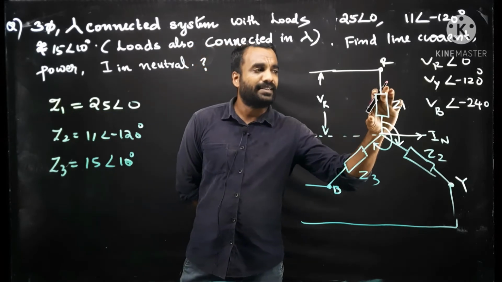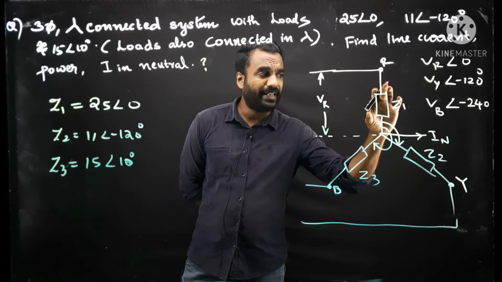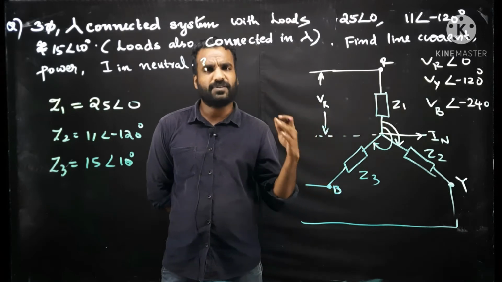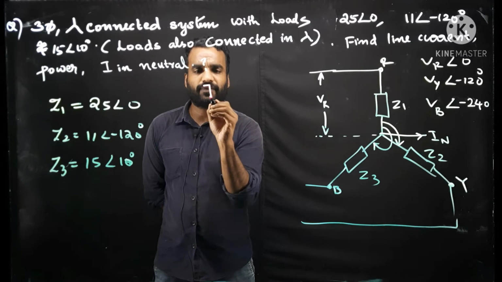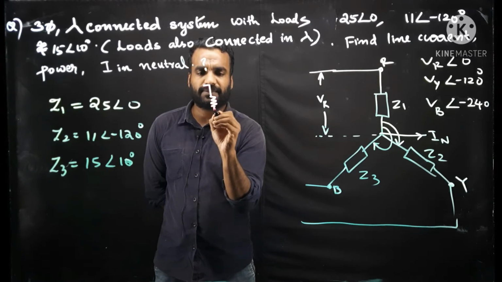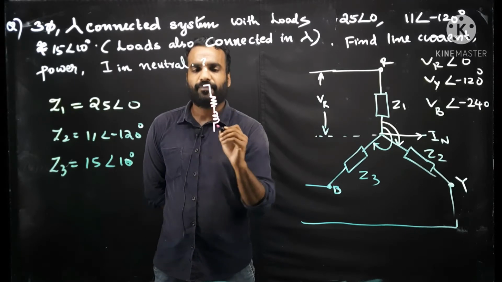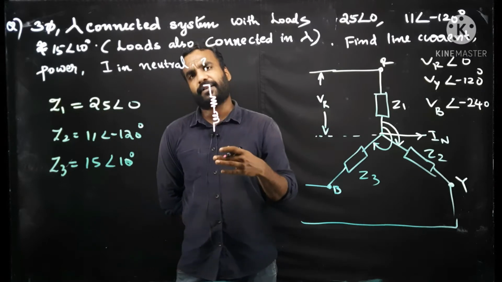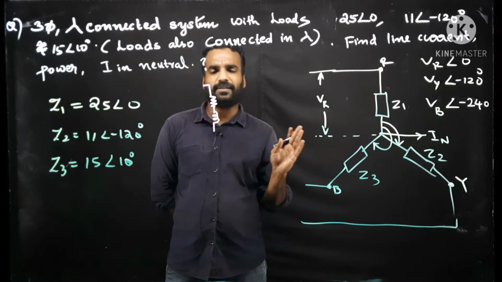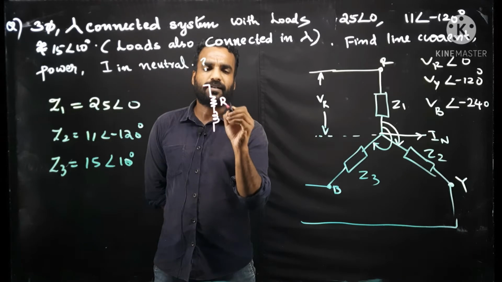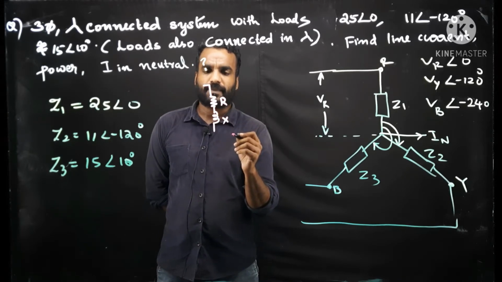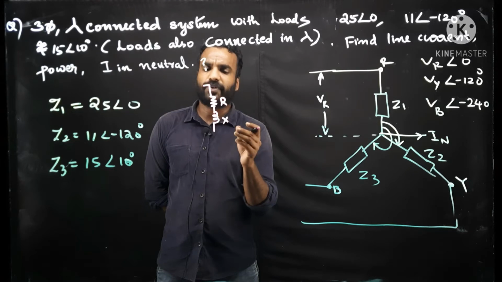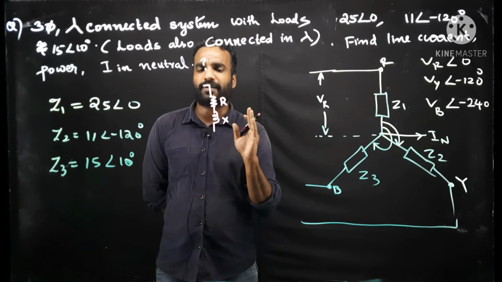So what are the things that may be inside the Z1? Z1, Z2, Z3, whatever. Generally inside that one we may have a resistance and series inductance or capacitance, anything will come. We write R and X. Suppose we have both XL and XC, what happens?